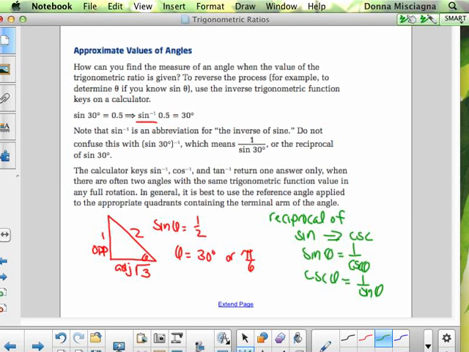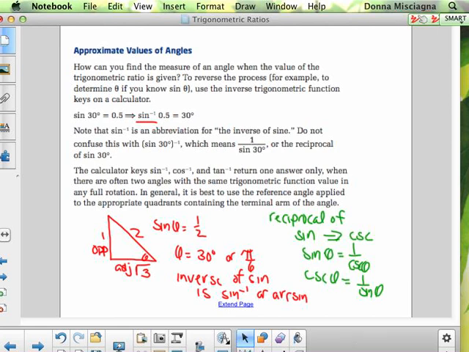That's different than inverses. So the inverse of sine is written like this, or also called arcsine.